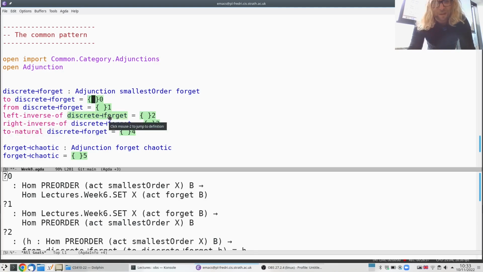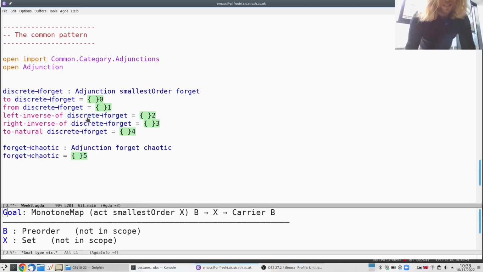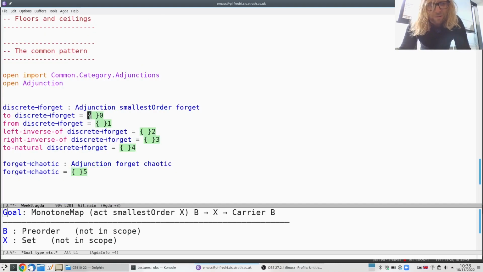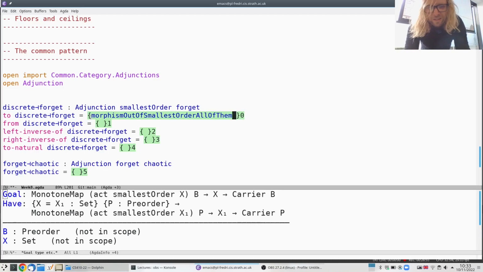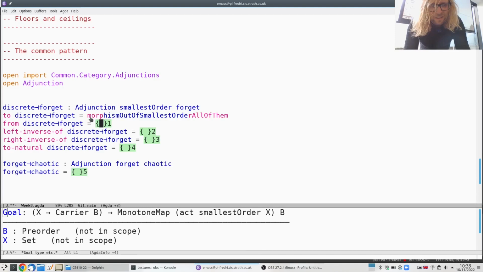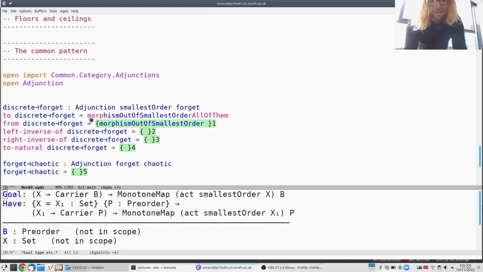The map to says that if you have a monotone map from the smallest order, you should get a function. That was the thing we called morphisms out of smallest. And the other way, if you have a function, then you should get a monotone map. That's the one we just called this.